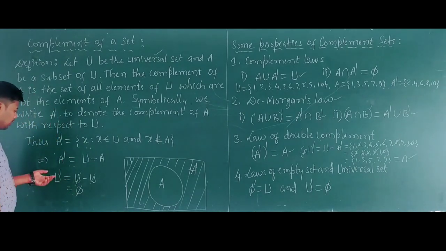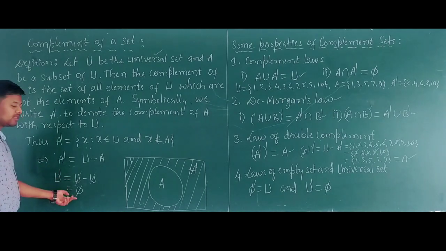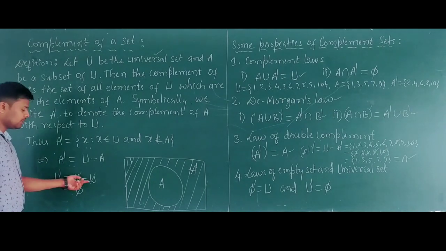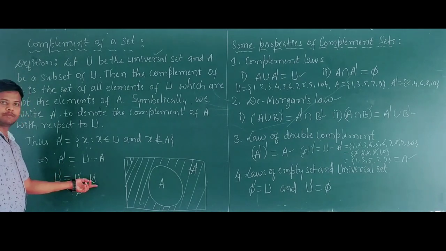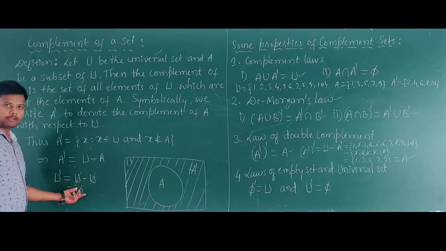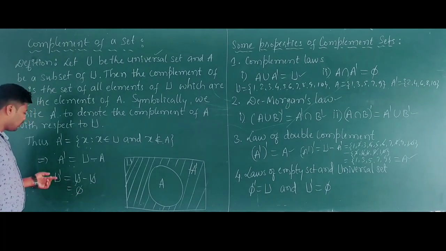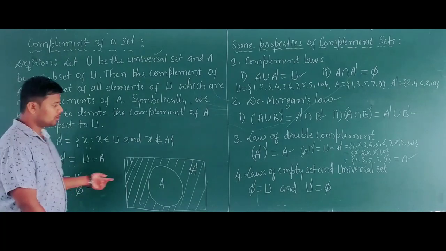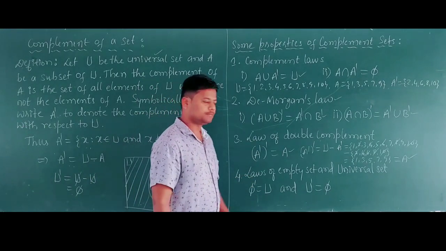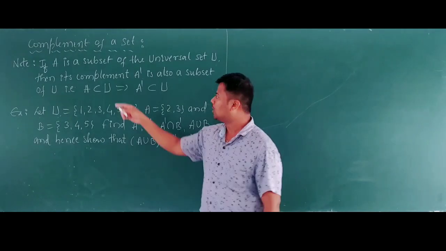Elements cancel out, leaving no elements. That's why the U complement is the null set. Okay, note this down.